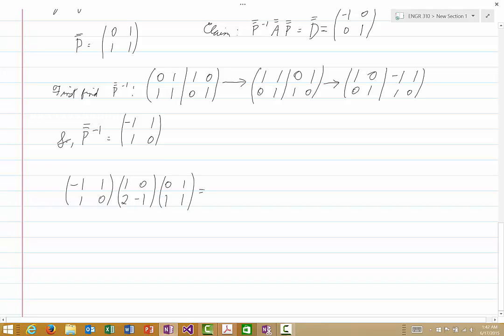Let's see what this will give us. If we multiply the first matrix times the second one, we have negative 1 times 1 is negative 1 plus 2 is positive 1. Negative 1 times 0 is 0 plus 1 times negative 1 is negative 1. 1 times 1 is 1 plus 0 times 2 is 0, so we get 1. 1 times 0 is 0 plus 0 times negative 1 is 0. So we would get this when we multiply the first matrix times the second matrix.